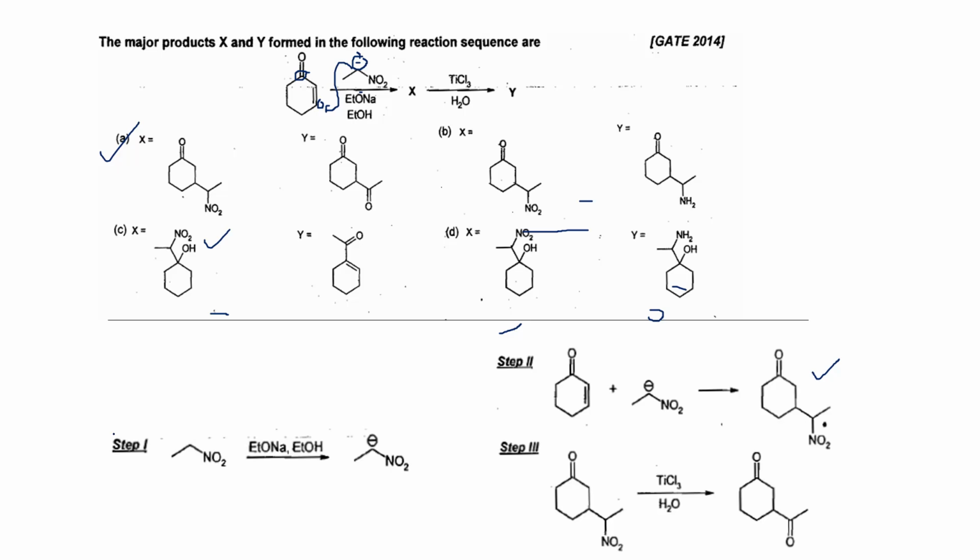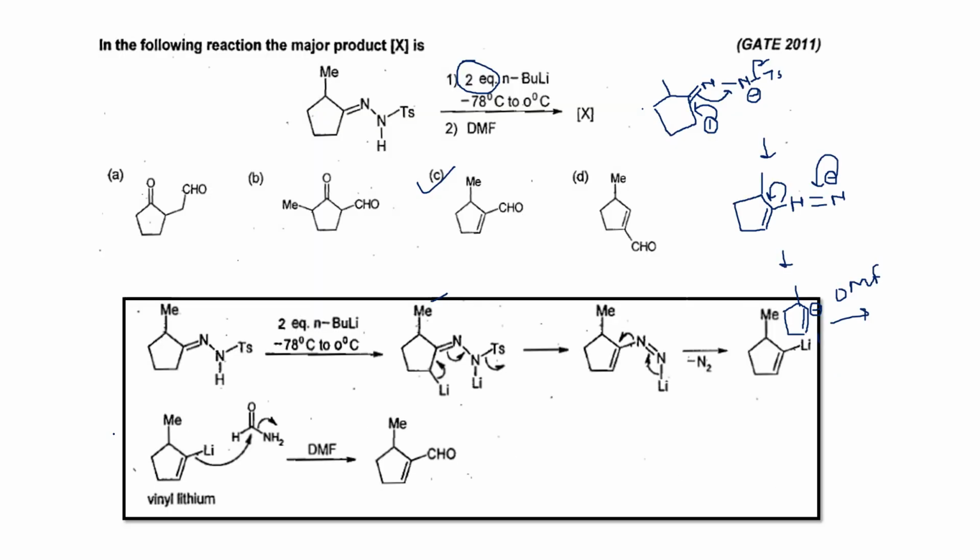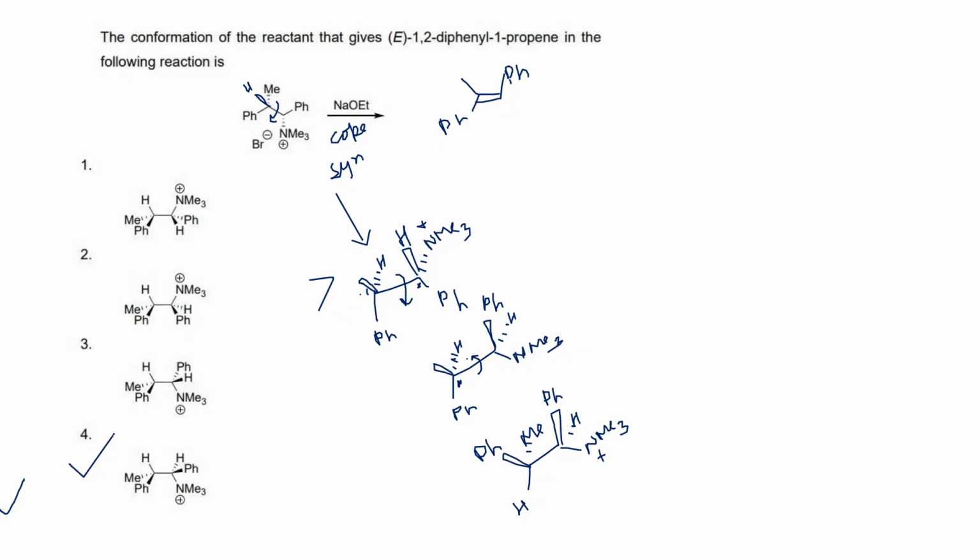Next we solved a question based on a name reaction, if you know about the Bamford-Stevens name reaction. Next we solved a question based on Cope elimination and deduced the stereochemistry of the substrate.